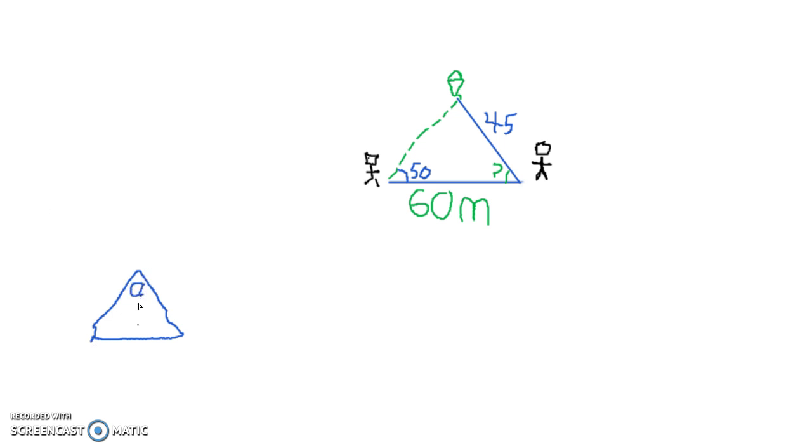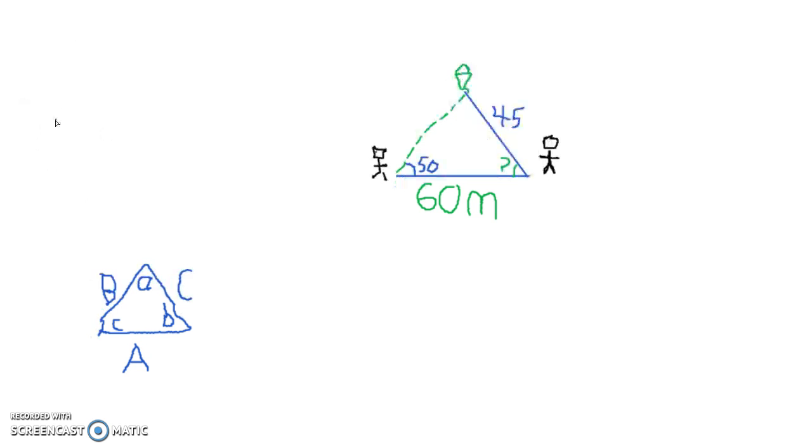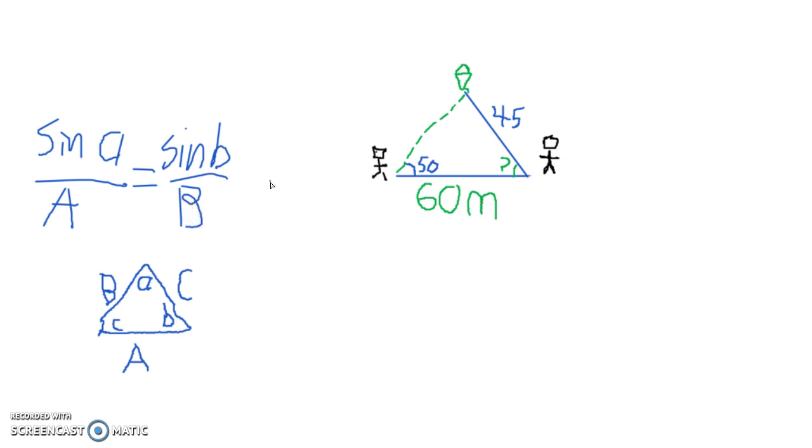And this is angle A, this is angle B, and this is angle C. This would be length A, this would be length B, and this would be length C. Now, what the law of sine states is that the ratio between sine of lowercase a and capital A is the same for sine of lowercase b over capital B and sine of lowercase c over capital C.